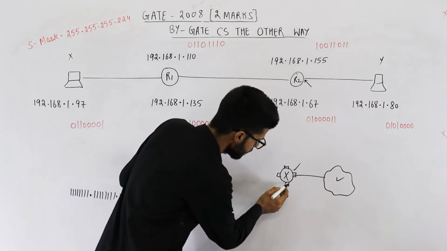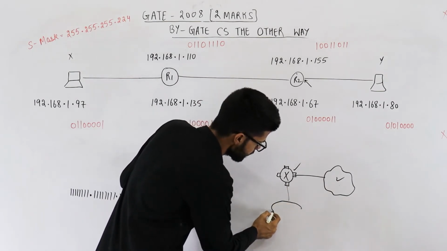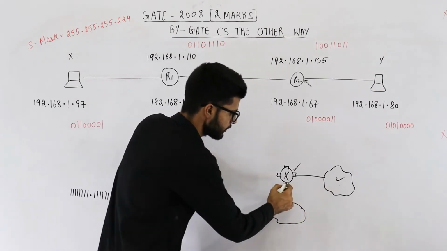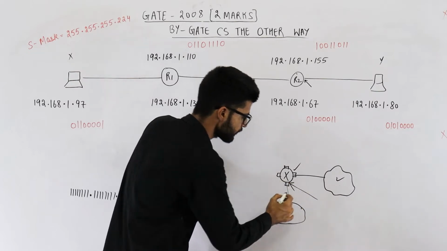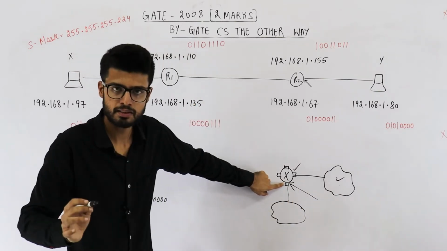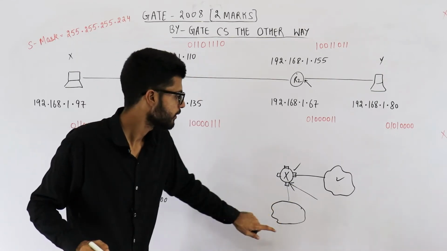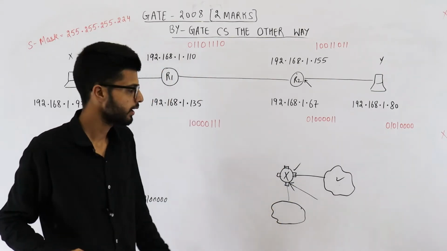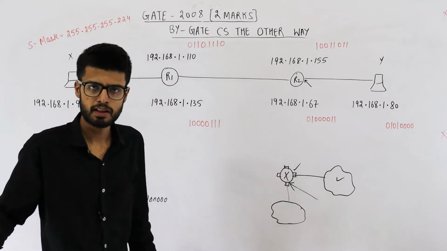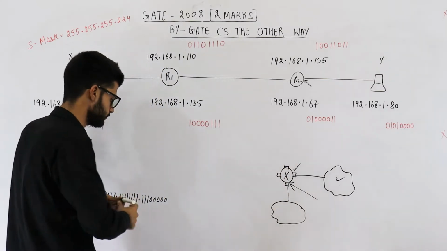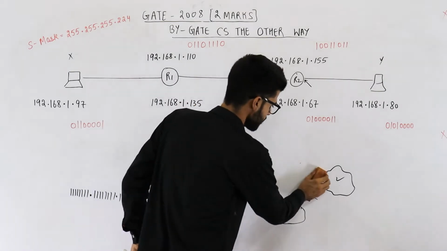Similarly, if this interface is connected to this network, the IP address that this interface will get will be from this network. In parallel here also and here also. And if some interface is not connected, it will not get an IP address. Now let us start this question.